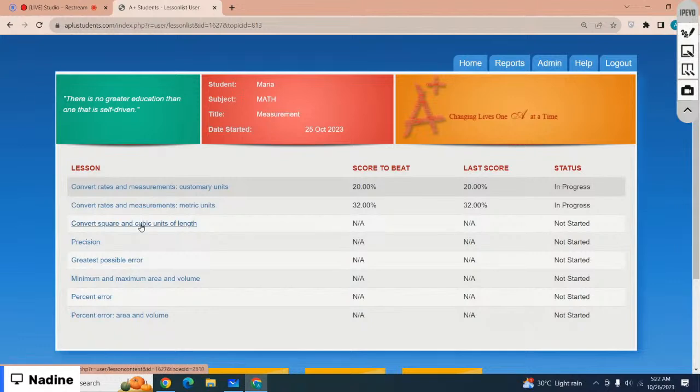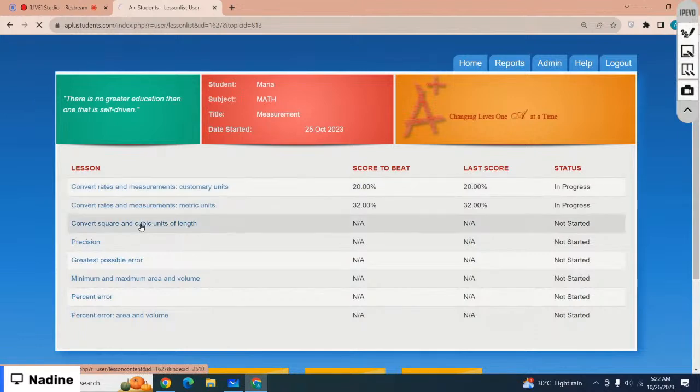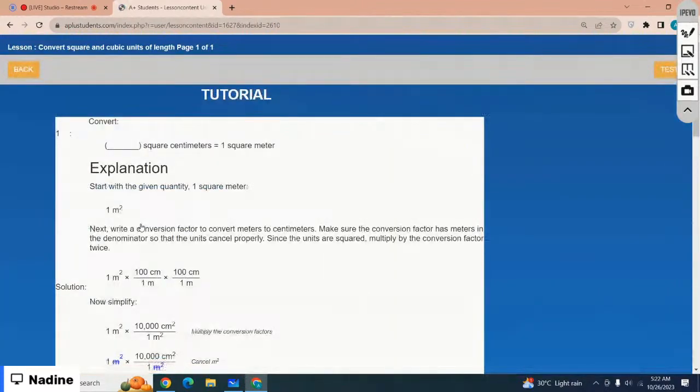The next one is convert square and cubic units of length. How many square centimeters equal 1 square meter?